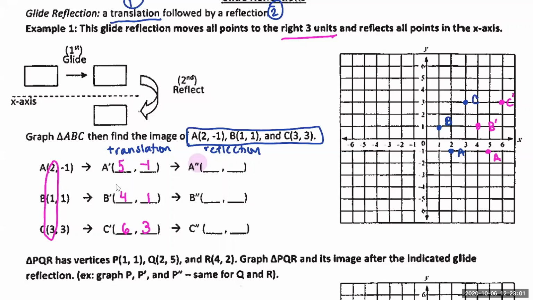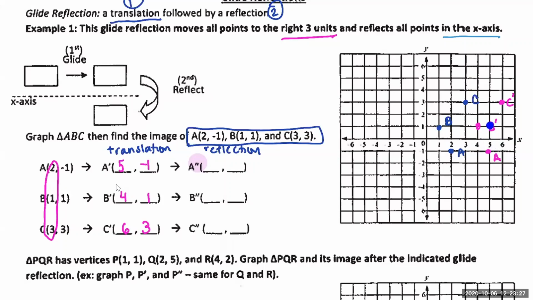For the last transformation, I'm going to change the colors, which makes it a little friendlier on the eyes. Again, glide reflection is always translation first. Then the reflection is across the x-axis. If I envision my x-axis as the fold, A prime goes up here.